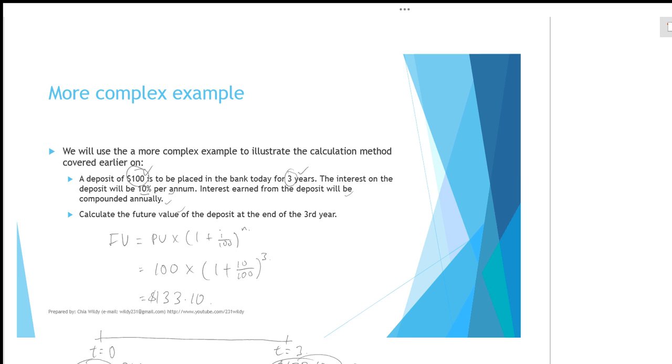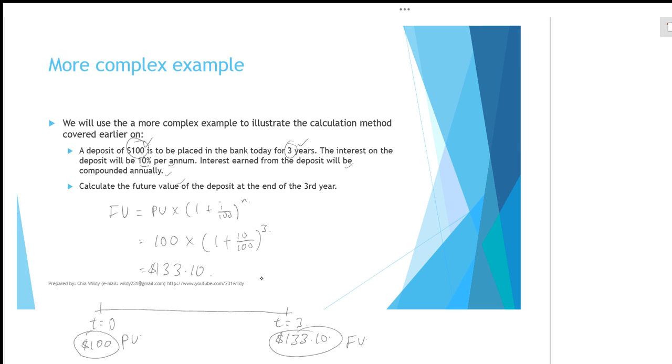Now notice that compared with the earlier example, the future value is greater. Why? Because money is suffering from inflation. So the longer that we go into time, or the longer we wait, the purchasing power of money, or the ability to use money to buy the same goods, declines. Basically you have to be spending more money to be able to purchase the same goods as before. Or you can just simply say that the 100 today is equivalent to 133 in the future.